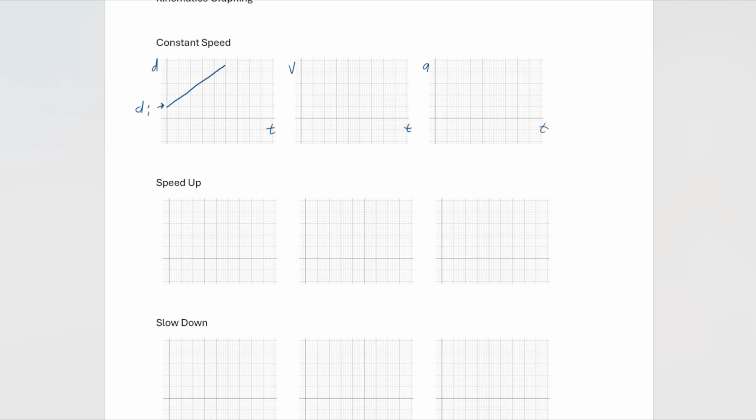And the slope of this is going to be equal to his velocity. So positive slope, positive velocity. So over here, I'm going to have a flat line because the velocity is constant. And if the velocity is constant, then my acceleration is going to be equal to 0.